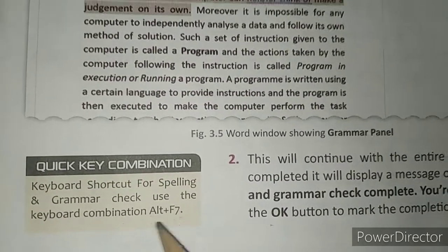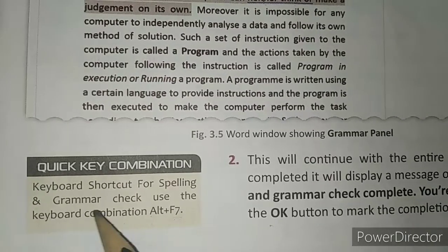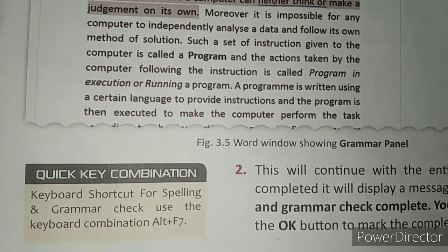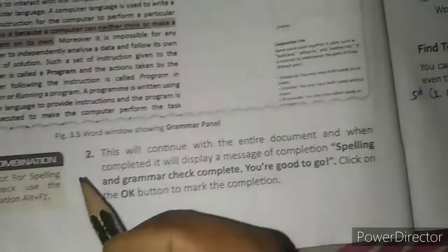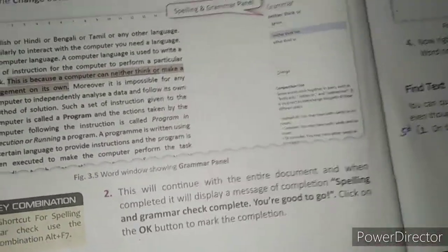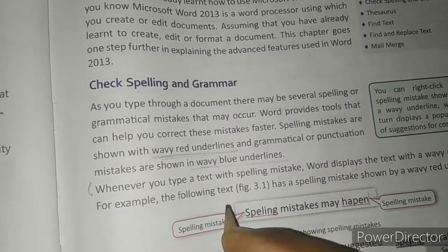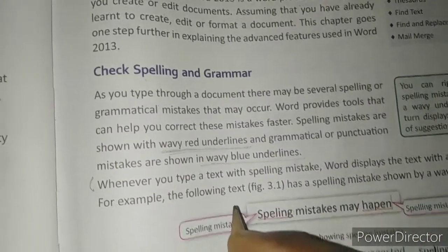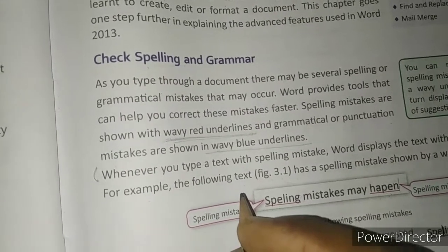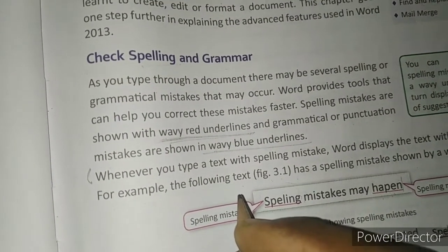It means the shortcut key for the spelling and grammar check is Alt F7, right? This is the advanced feature for checking spelling and grammar. This is very beneficial and very important.